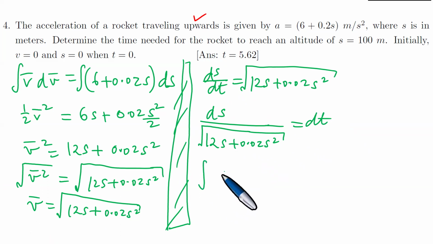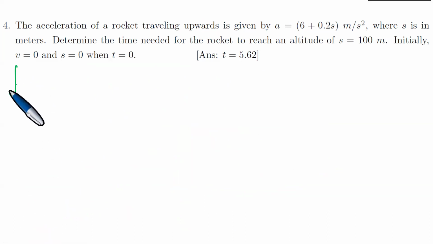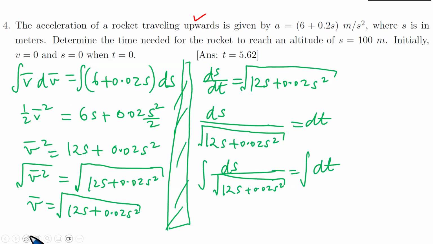Upon careful examination, we take the integral of ds divided by the square root of 12s minus 0.02 s squared, which equals the integral of dt. And we have taken it from here.